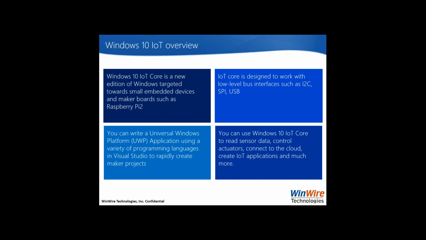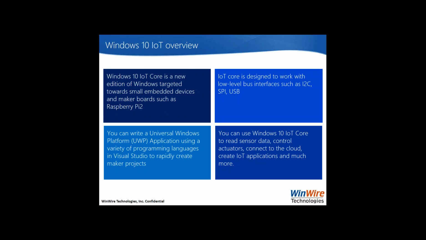On a high level, Windows 10 IoT is a new edition of Windows targeted at small embedded devices like a Raspberry Pi or an Arduino board, and it is designed to work with low-level bus interfaces. And you can write Universal Windows Platform applications. These are called UWP applications that you write on these boards using Windows 10.